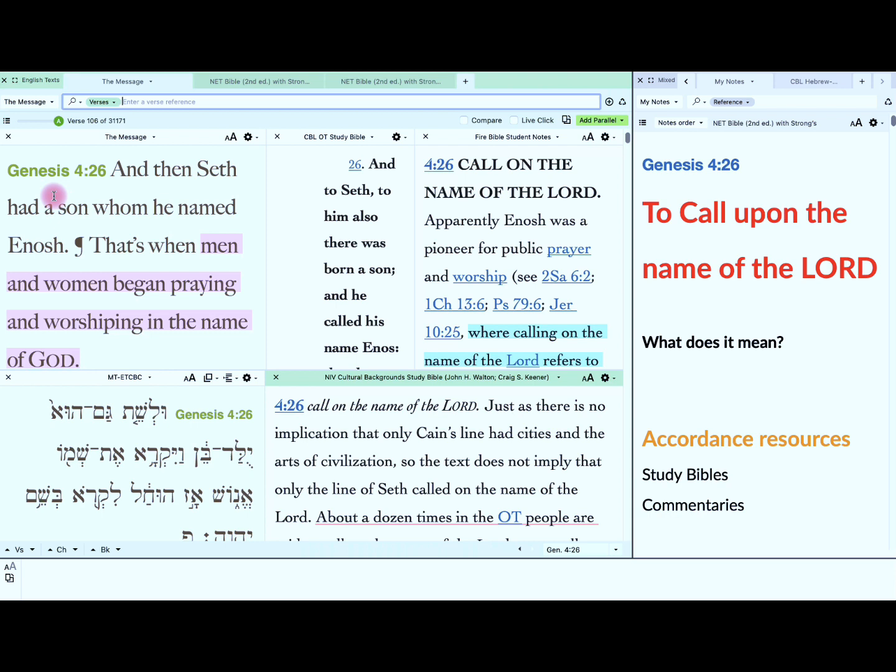That's when men and women began praying and worshiping in the name of God. So now you know that to call upon the name of the Lord means that women and men can pray, can worship in the name of God. And in the Old Testament, they would worship God through sacrifices as well.